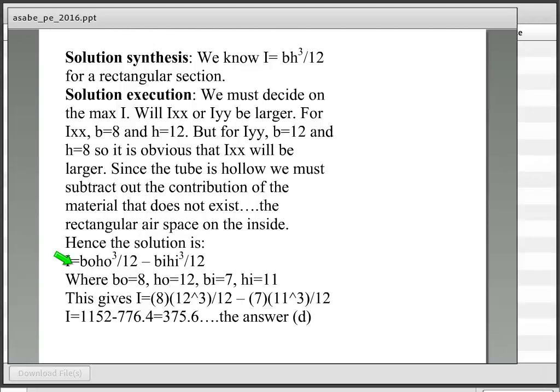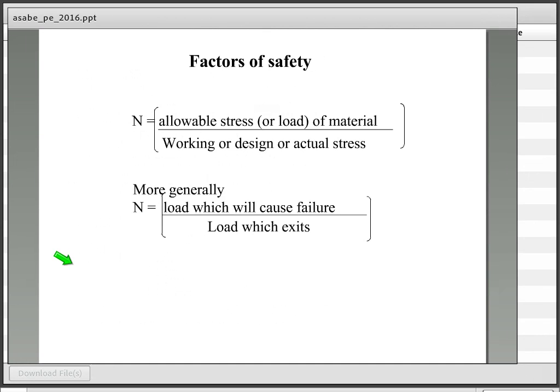I'm referring here to an older review set of answers, which was given there as answer D. Your newer machine review document doesn't have this particular problem in it.